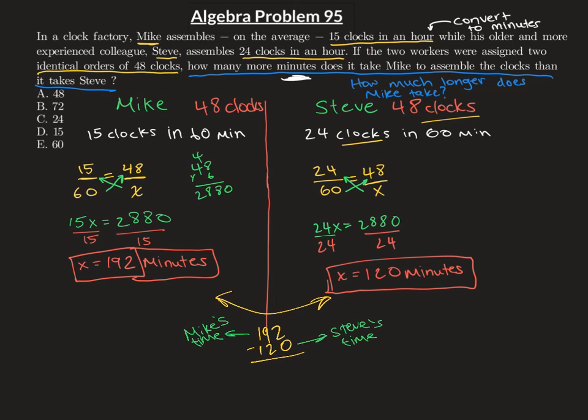Now 192 minus 120 is 72. So we're left with 72 minutes, and that will be our final answer. So where's 72 on this? And that'll be answer choice B.